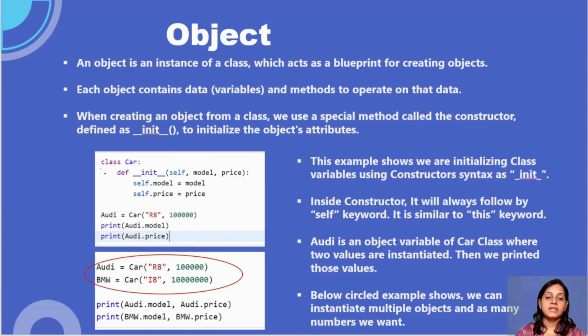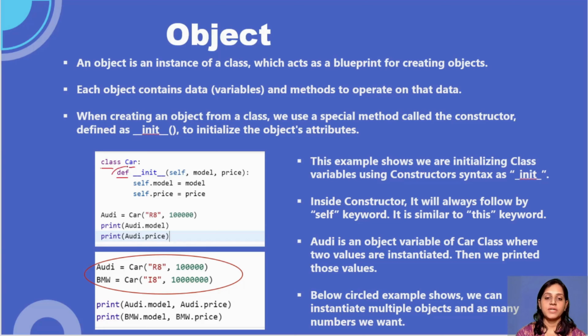So guys, this is the declaration of a class. Class car. So I am defining a class car. And how is it differentiated? We have to differentiate with a colon. Then after that, this is a function, def __init__ self.